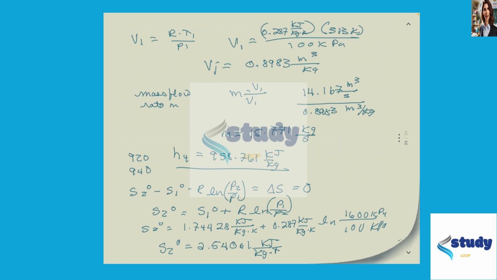And then we can find our enthalpy at 2S. We're going to look at our table again. And that will give us 690.88. So then we'll know that our work input would be equal to H2S minus H1.